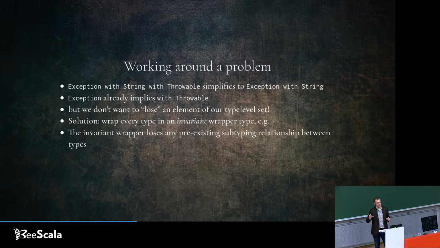If it was a covariant type, we would keep the subtyping relation. If it was contravariant, we'd get the reverse of the subtyping relation. But invariance allows us to lose that, and so whilst Exception and Throwable are related types, tilde of Exception and tilde of Throwable are completely unrelated types. They're as different to the compiler as Int and String.